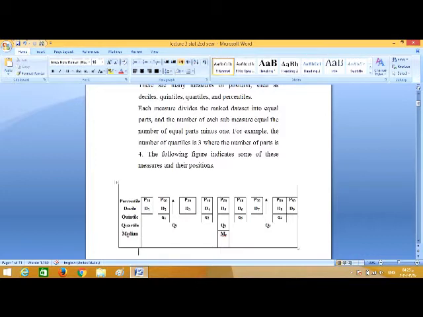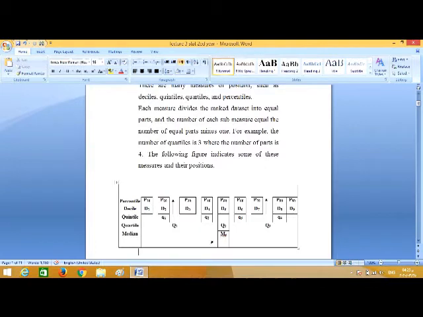Now look, the median is one measure, only one measure, which divides the data set into two equal parts. Okay, so this position is the middle of the data set. 50% of the observations are larger than the median, denoted by Md, and the other 50% of the data set are less than the median.